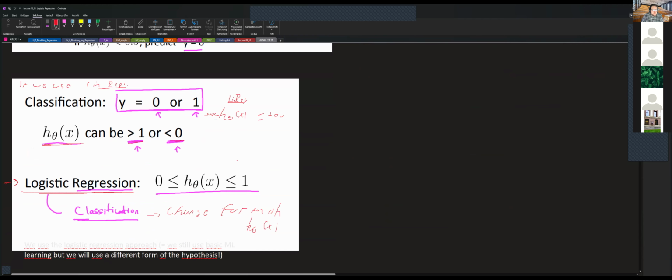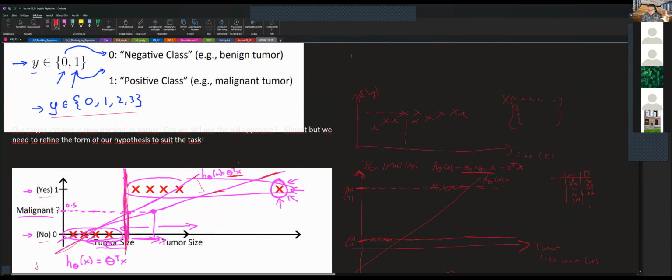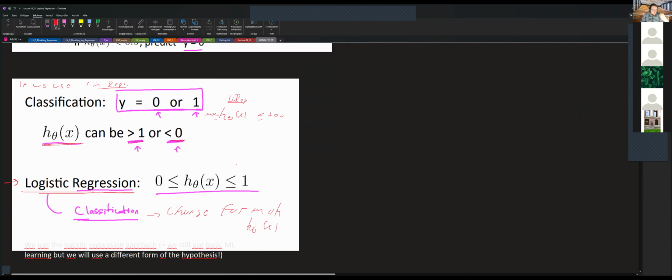So this is the motivation, and this is the last thing I want to put out there today. The logistic regression, we will get to know it in the next lecture. But the idea is to avoid that.